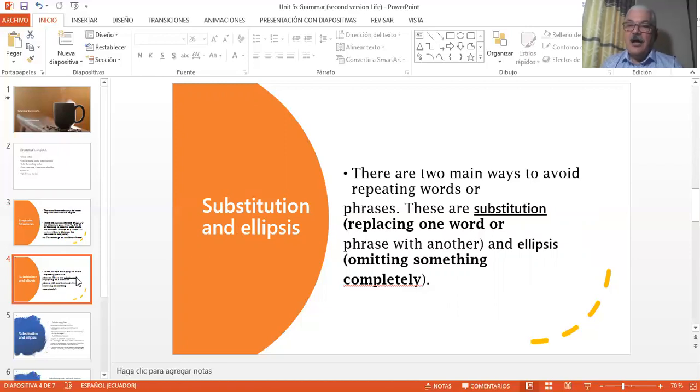And as you can see, there are 2 main ways to avoid repeating words in English. That is the use of substitution. You substitute one word for another, or the use of ellipsis. That is, you avoid using everything in the sentence because there is one part which could be omitted as it is perfectly understood, okay?